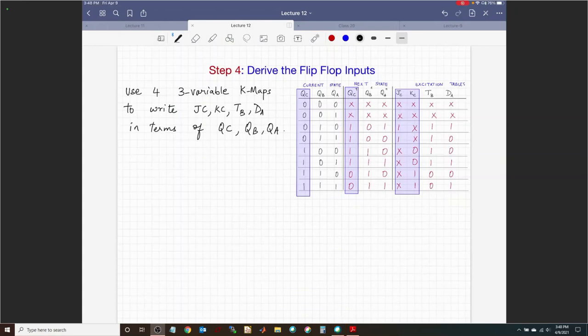All right. Now I will start with the maps. Let's do the first one first.